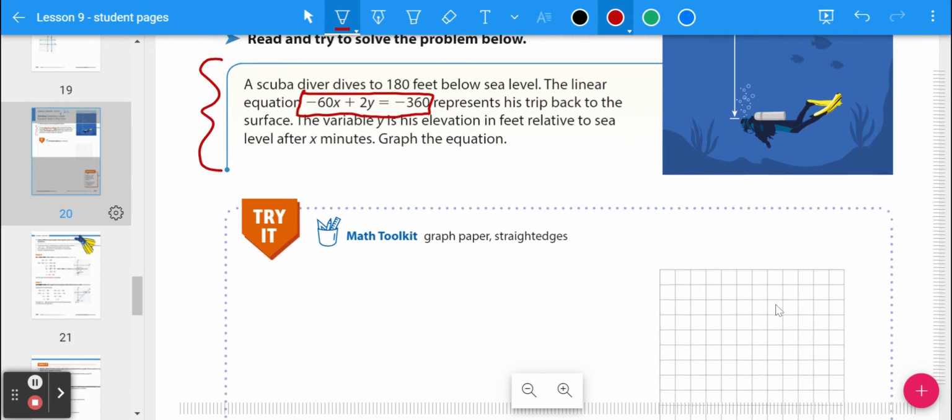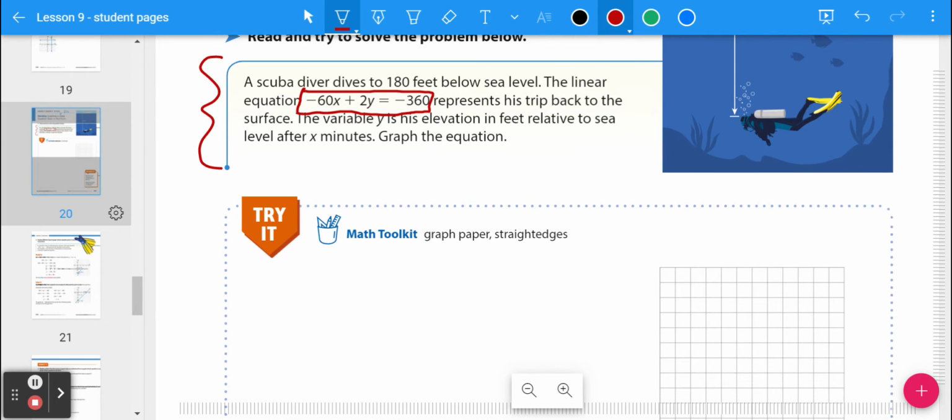Now maybe you're saying to yourself, I don't know how to graph this because we haven't learned this. That's true. We have only learned slope-intercept form where it's y equals mx plus b, and the b tells us where we can start, and the m tells us the directions to go from there using rise over run.